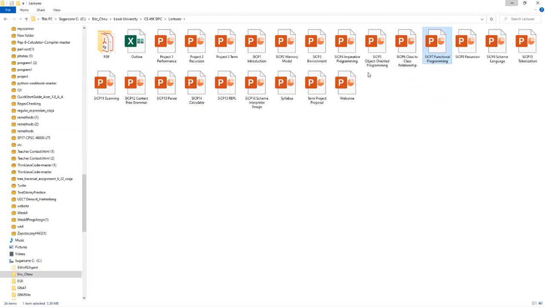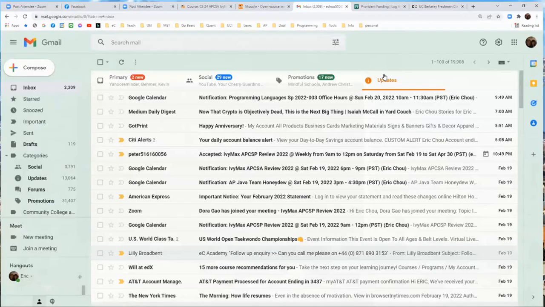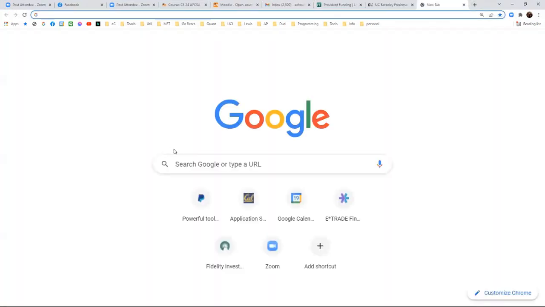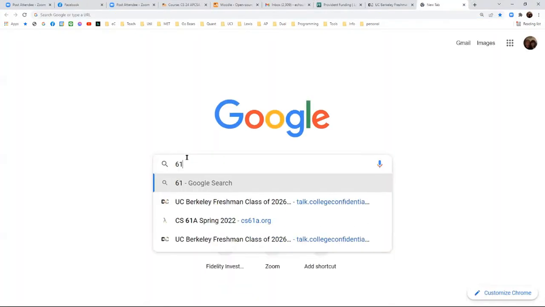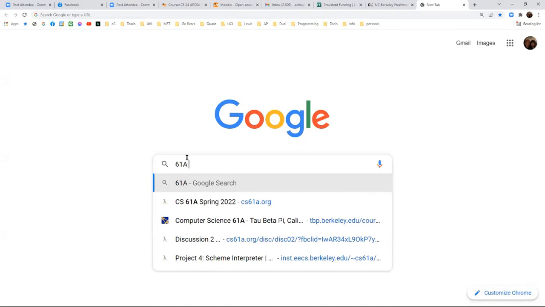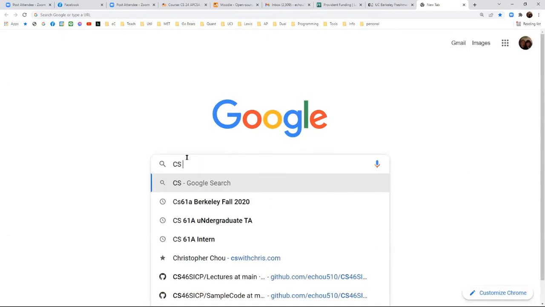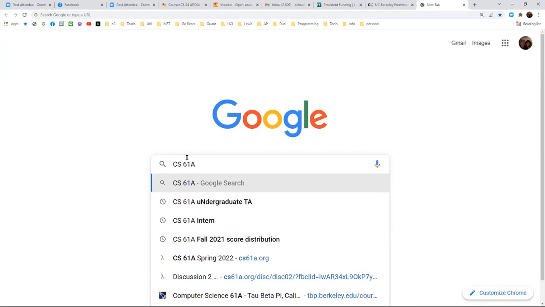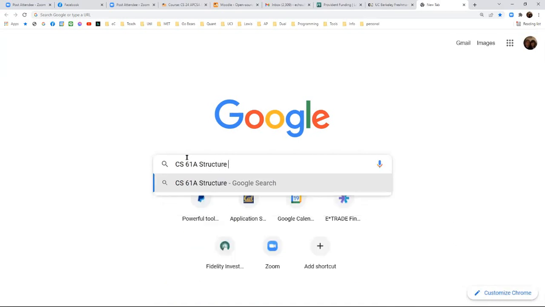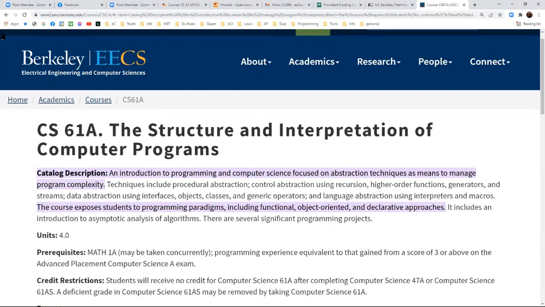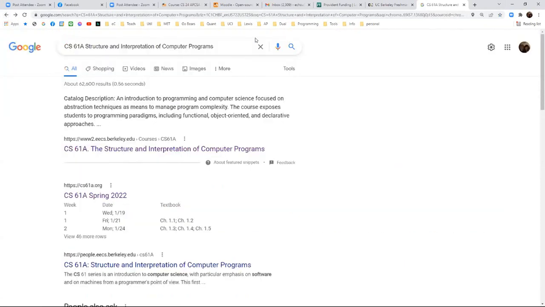As I said before, this course is the flagship course at Berkeley. It is a very important course for AI.